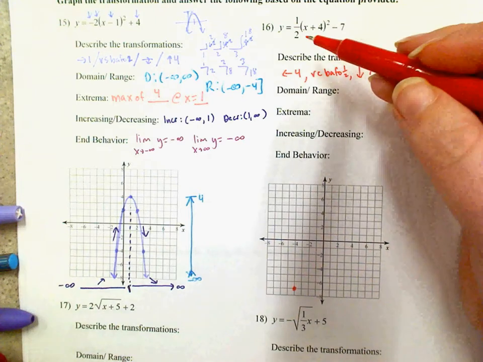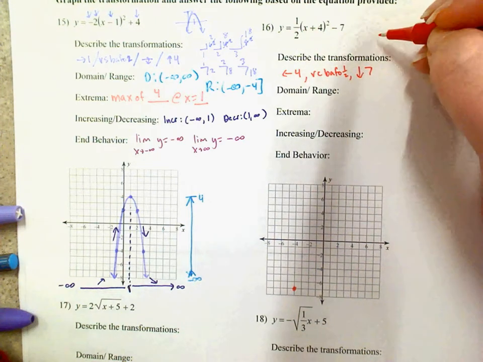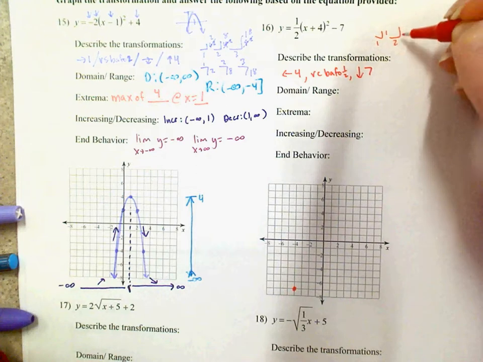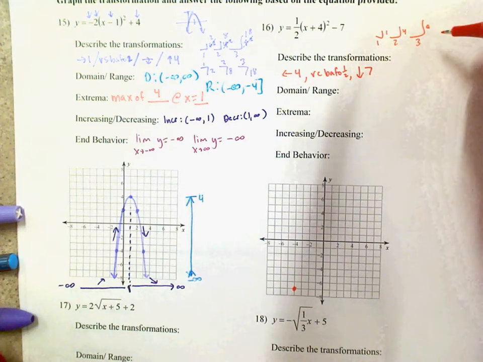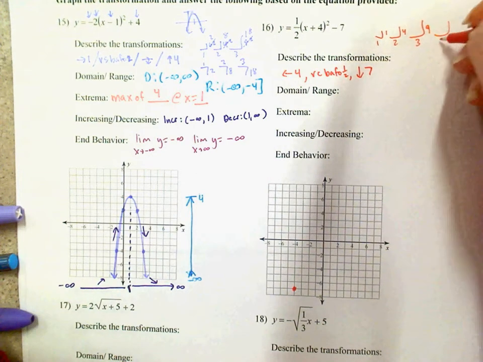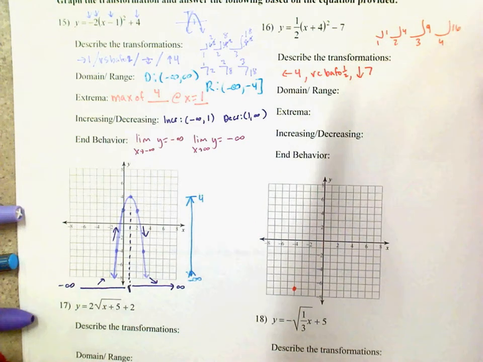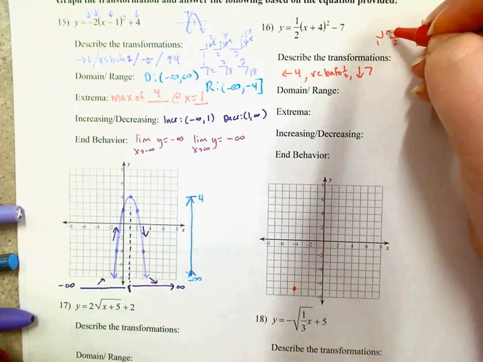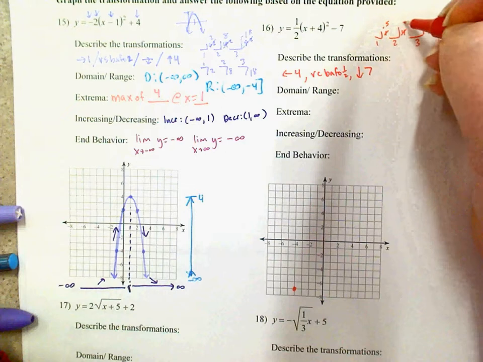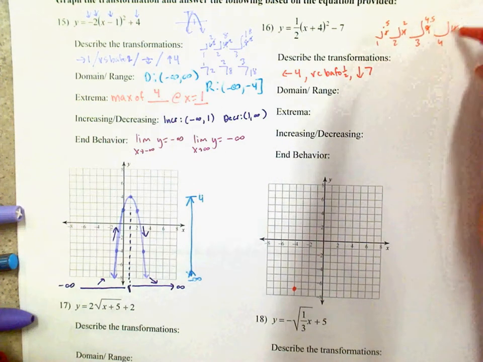This is a positive parabola, no negatives out front, so it does go 1, 1, 2, 4, 3, 9. It goes up, yeah? And then 4, 16. It's a vertical compression by a factor of 1/2, which means this only actually goes up 0.5, 2, 4.5, and 8.